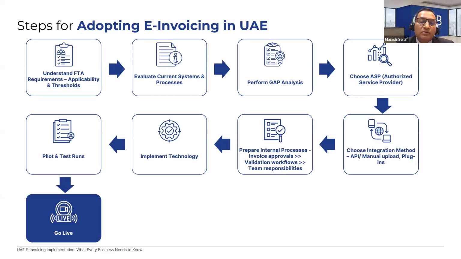Now, a certain question that has been put up is: we are a retailer, do we still go for appointing an ASP? Do we still go for having that system built in for e-invoicing, because our business is primarily business to consumer? But yes, there could be a few transactions which are B2B. So 90% or more of your transactions is business to consumer for retailers, but 5% or 10% could be business to business.